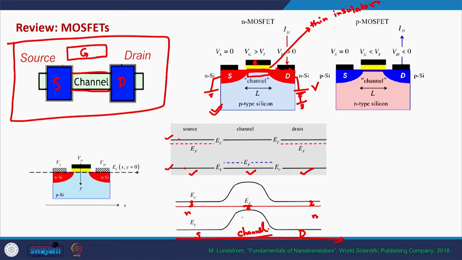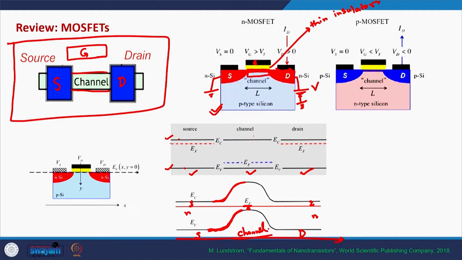But because of the junction between the source and the channel, we will have this kind of barrier from the source side to the channel side, both in the conduction band minima and in the valence band maxima. This is pretty much similar to the band diagram of a PN junction.